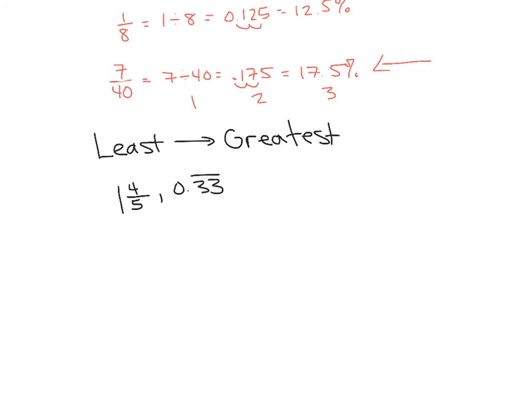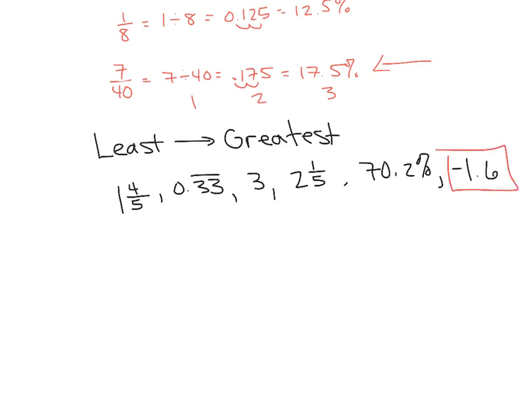We have 3, 2 1/5, and 70.2%. And I feel like I missed -1.6. Okay, so the easiest one to know that the least, there's only one negative. So this number right here has to be the least.